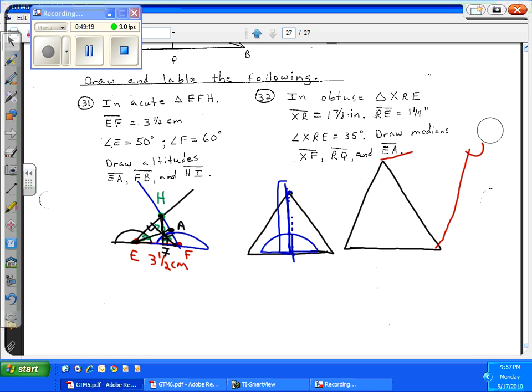that's not a good picture. So that your compass opens up to longer than straight down, but not so far that you miss.